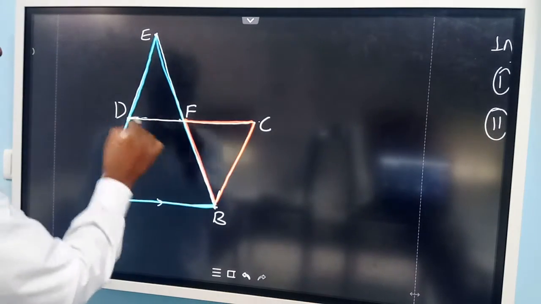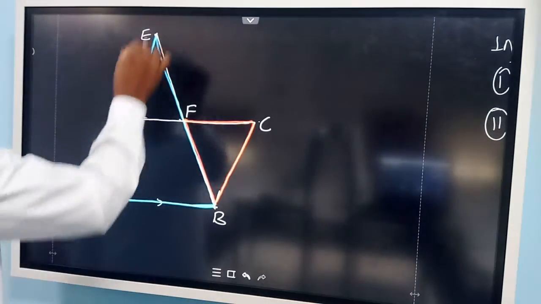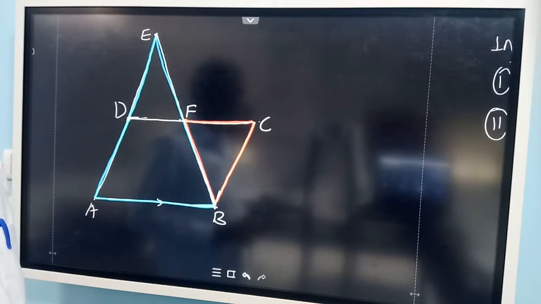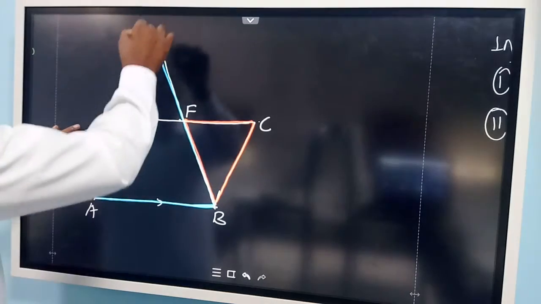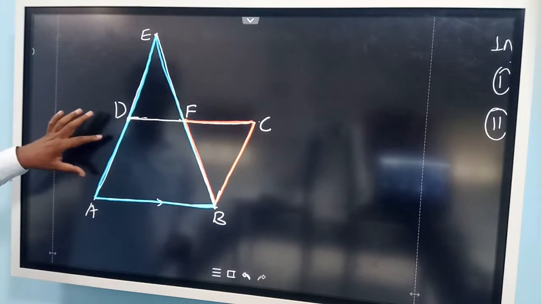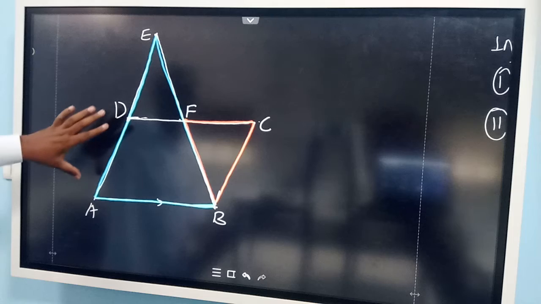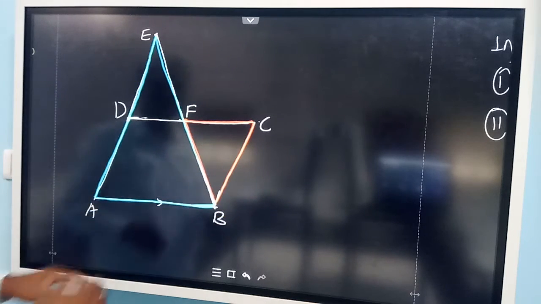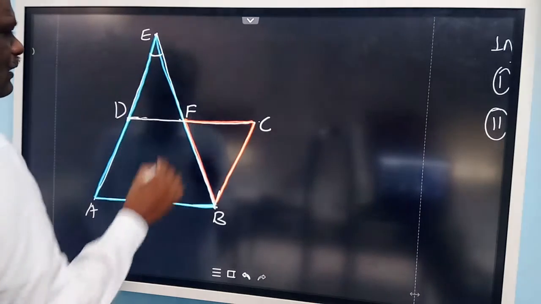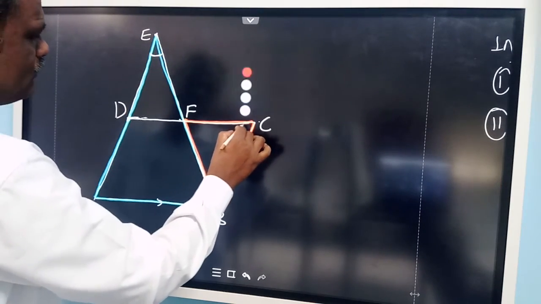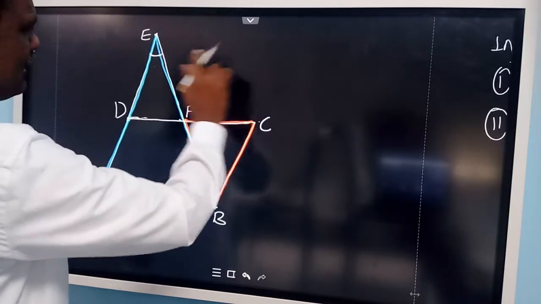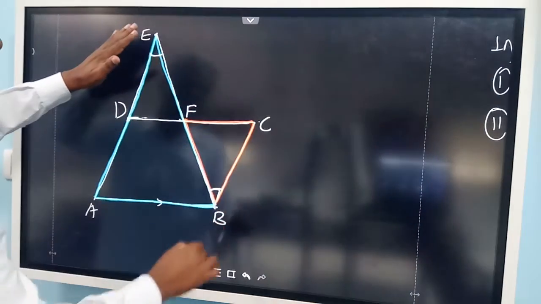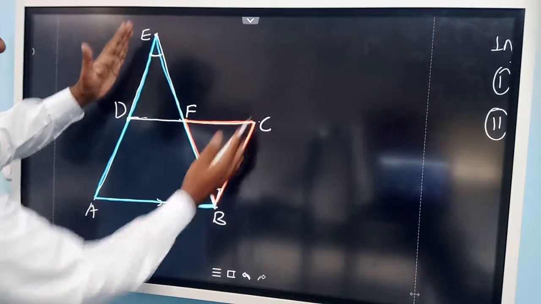In ABE and CFB, AD is parallel to BC, since opposite sides of a parallelogram are parallel. Since AE is the side AD produced, AE must be parallel to BC. Therefore this angle will be equal to its alternate angle, with this line as the transversal and these two as parallel lines.